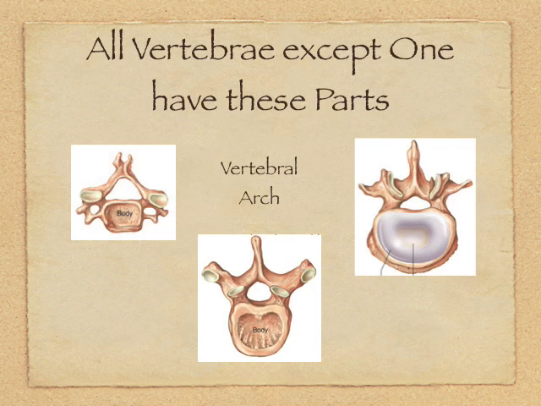And the vertebral arch is found in each type of vertebra. Let's put it into our thoracic vertebra, the two pedicles. And you can see this same little part here in the cervical vertebra, and over here in the lumbar vertebra.